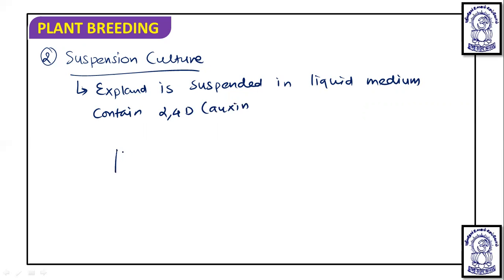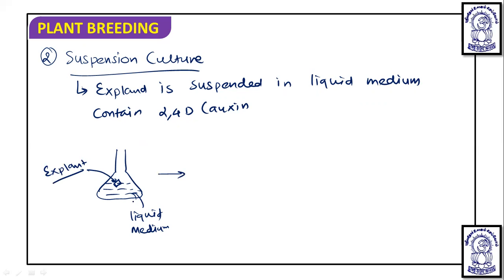So what we do here is take a conical flask, and in the conical flask a liquid medium is taken, and the explant is kept inside this liquid medium. Now the explant gets suspended in this liquid medium, and later on it is going to form initially root part, and some initial explant will grow, and this way the culturing happens and the new plant part will be developed.